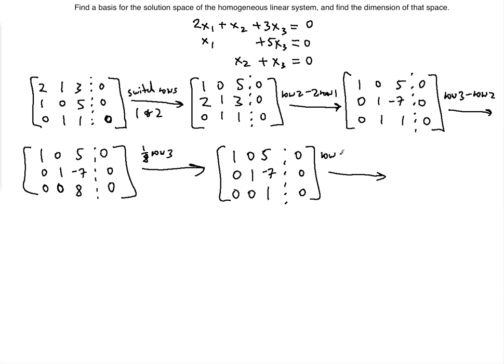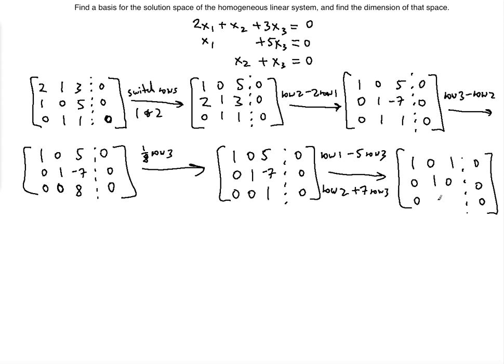Row 1 minus 5 times row 3, and row 2 plus 7 times row 3 will give us 1s for these two. The zeros don't change. So 1, 0 doesn't change. This one will turn into 1, 0, 1, 0, 0, 0, 1.